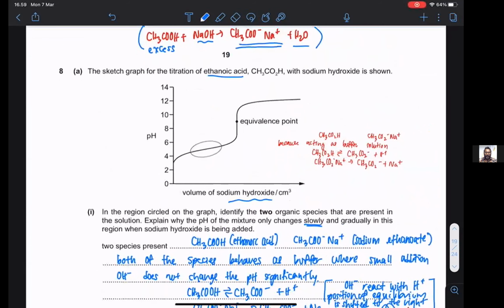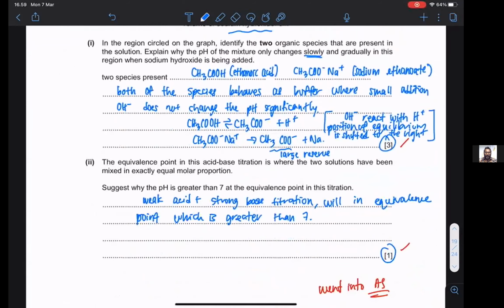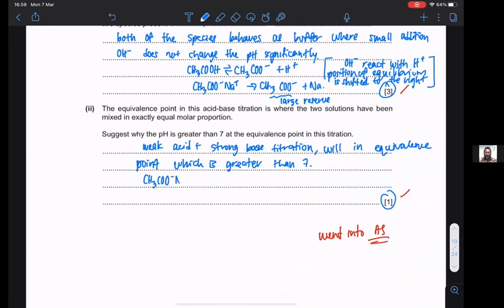Do remember that CH3COO minus Na plus can react with water to give you CH3COOH and then NaOH, because water can also give you H plus and OH minus.